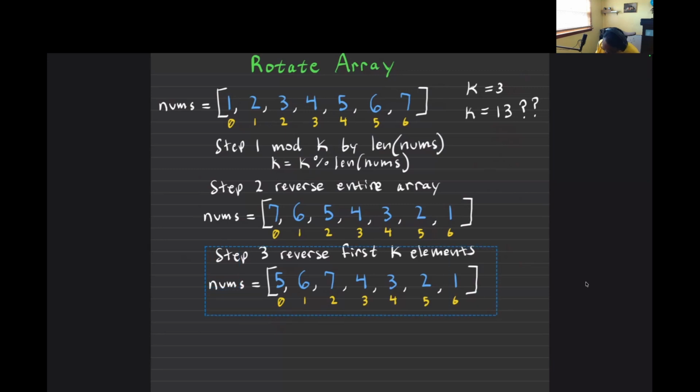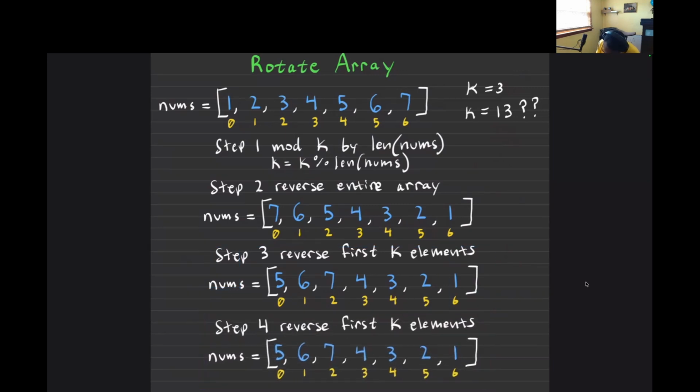And then finally, step 4, we just want to reverse the last K plus 1 elements, okay? So what does that look like? K is equal to 3. Sorry, I'll just say the last elements from K onwards. Okay, that makes more sense.